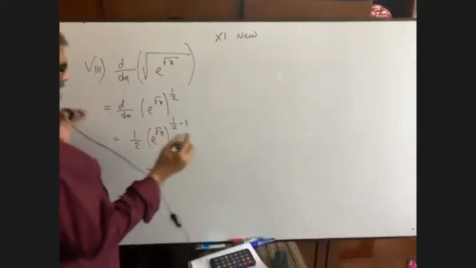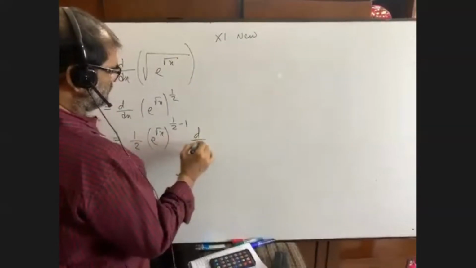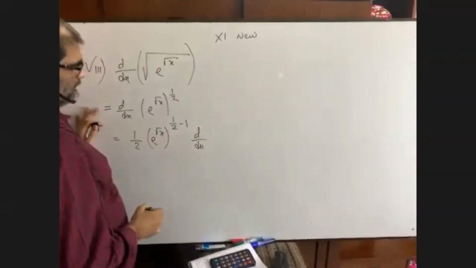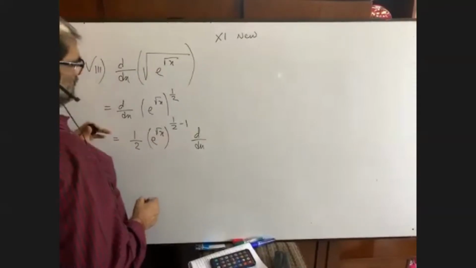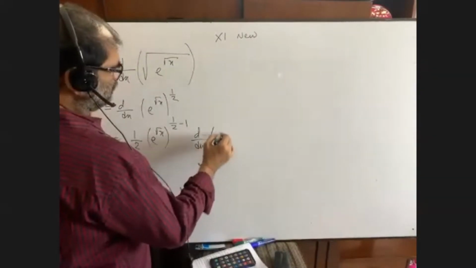Again, d by dx. Okay. Then what is x? e to the power root x.